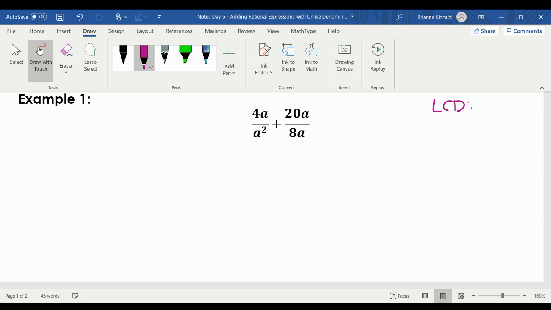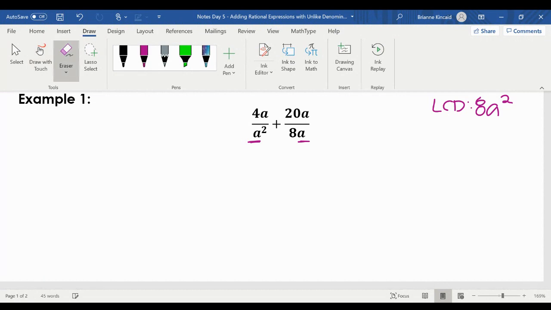You don't see one in front of a squared, that means there's a 1, and we have an 8. Well, the smallest number that both 1 and 8 divide into is going to be 8. Then we want to think about our powers of a. I have an a and an a squared, which remember is a times a. That means my LCD also has to include an a squared.